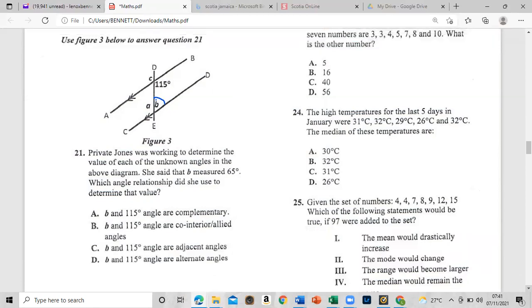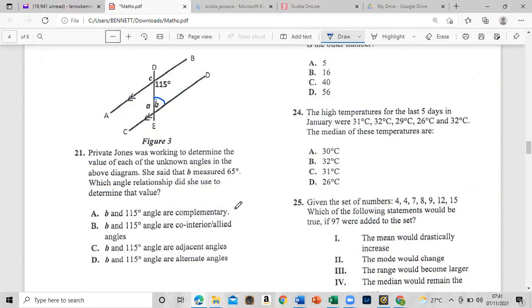B and the 115 angle are complementary? No, complementary angles add up to 90 degrees, so that's wrong. B and the 115 angle are supplementary. B and the 115 angle are co-interior? B and the 115 angle are adjacent angles? B and the angle are alternate? No. So it's supplementary.